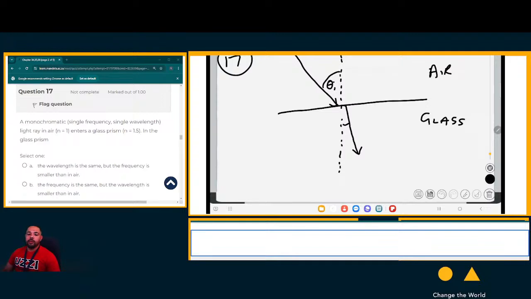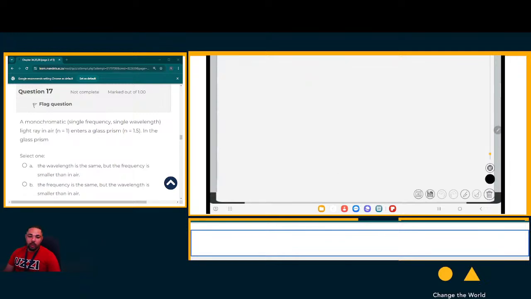If we have this monochromatic light ray coming in towards the boundary of the glass prism, the light ray gets refracted to some angle theta in the glass. Now they have some questions regarding this refraction. So in the glass prism we have this refraction going on.